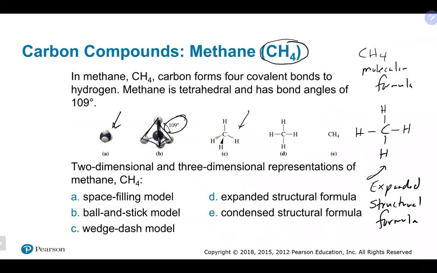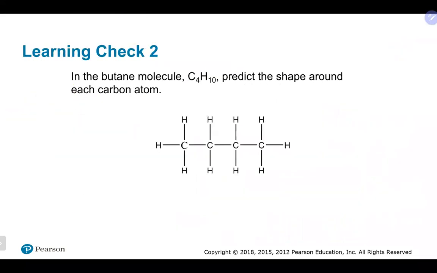Okay, so these are some ways that we could represent some formulas. In butane here, predict the shape around each of the carbon atoms. This would be just like we did when we were doing geometry. This carbon atom here has 1, 2, 3, 4 electron pairs, and also 4 bonds, which means it should be tetrahedral.